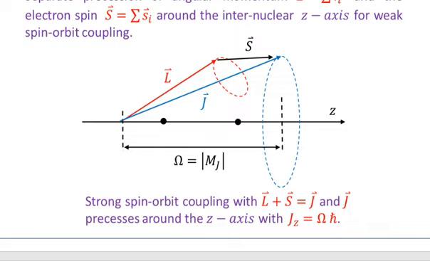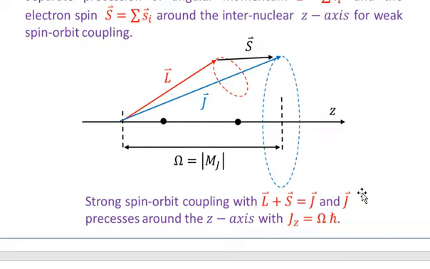So this is the case of strong spin orbit coupling, in which capital S will add vectorially with capital L to form the total angular momentum J of the molecule, and capital J precesses about the z-axis with Jz equal to sigma times h bar.